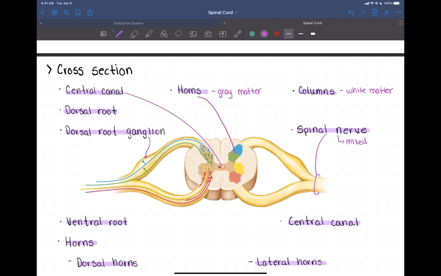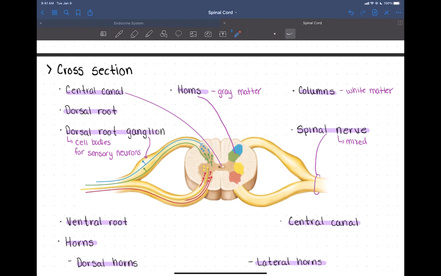It's this bulge that comes just after the spinal nerve, and it's called the dorsal root ganglion. If you remember, a ganglion is just a collection of cell bodies in the peripheral nervous system. This dorsal root ganglion contains the cell bodies for sensory neurons. These are sensory neurons moving afferent towards the spinal cord.